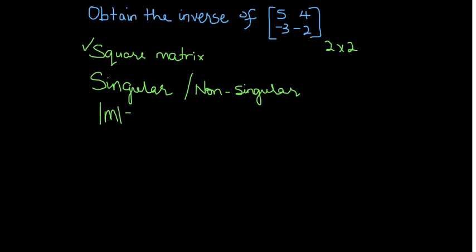And if it is non-singular, what do you think that means? So singular, it's a matrix with a determinant of 0. Non-singular, what do you think that means? There you go. Determinant is not 0. Simple as that. So it can be any numerical value as long as it is not 0.